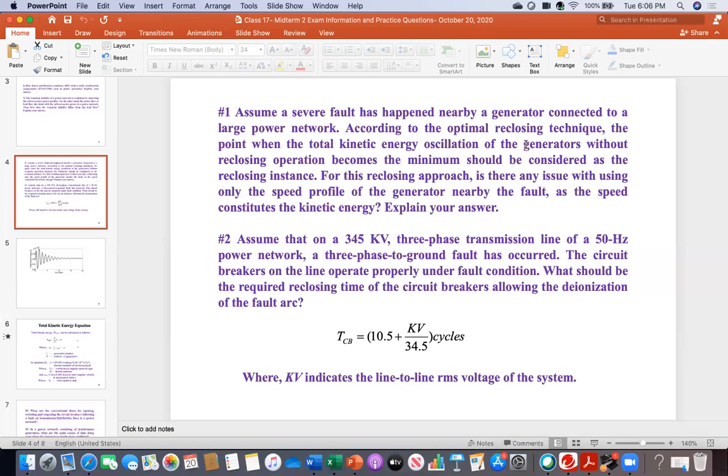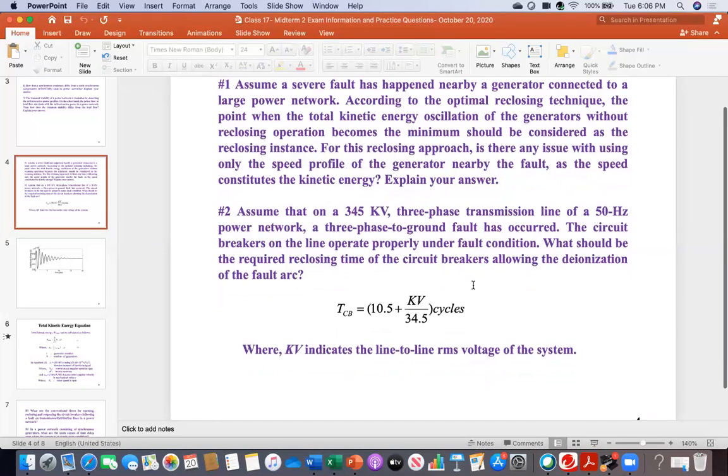Yeah, and it depends on the inertia. How much is the inertia of the other generators? If their inertia is very low, then they will start spinning very fast. That you have to control. That's why capturing the information from all power sources in a power network is important, and that is the reason for going from speed profile to the total kinetic energy.